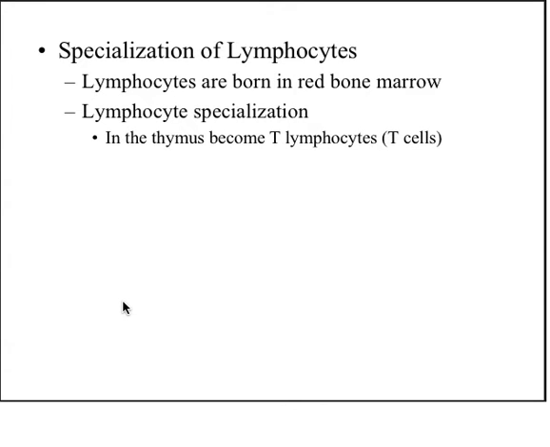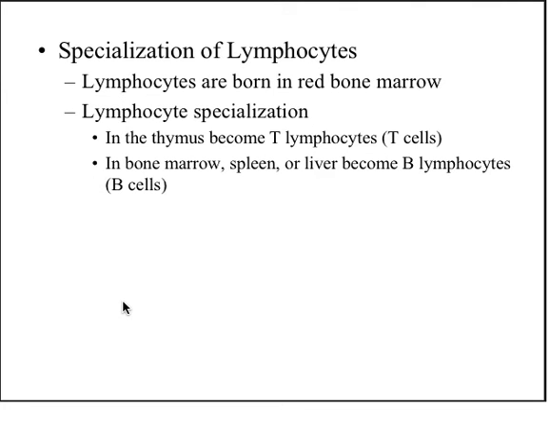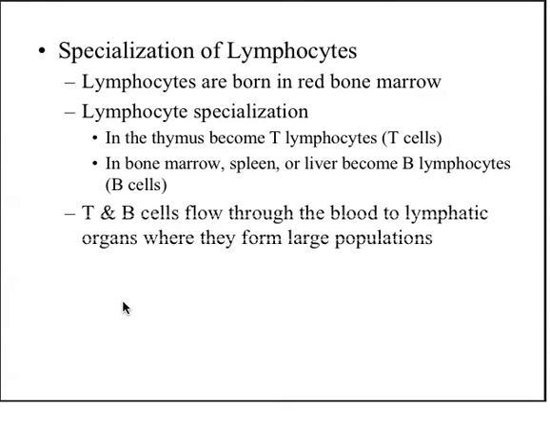In the thymus, they become T lymphocytes capable of coordinating cell-mediated and also humoral immunity. In bone marrow, spleen, or liver, they become B lymphocytes. So the B stands for bone marrow, the T in T lymphocyte stands for thymus. Okay, so that's how you can differentiate between the two broad classes of lymphocytes.